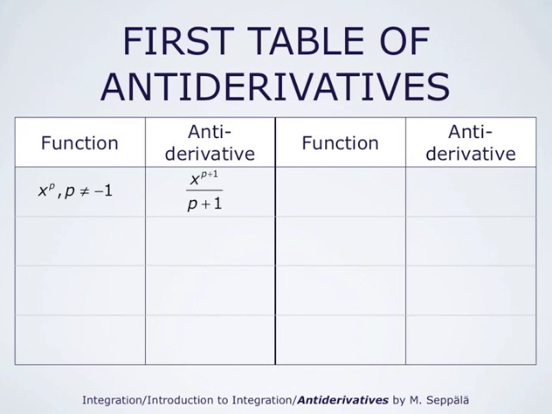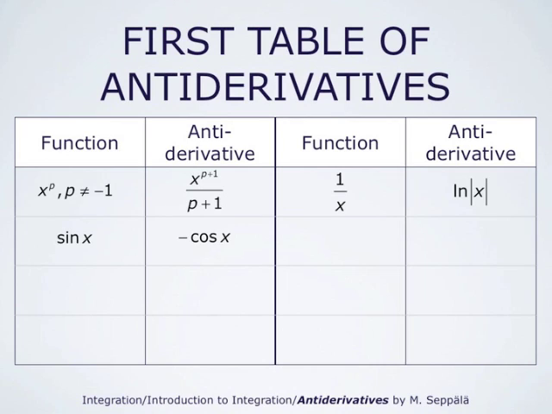Therefore this formula applies only when p is different from negative 1. But the function 1 over x corresponding to the value p equals negative 1 has an antiderivative which is log of absolute value of x. This is defined for both x positive and x negative. We will discuss this just in a moment.